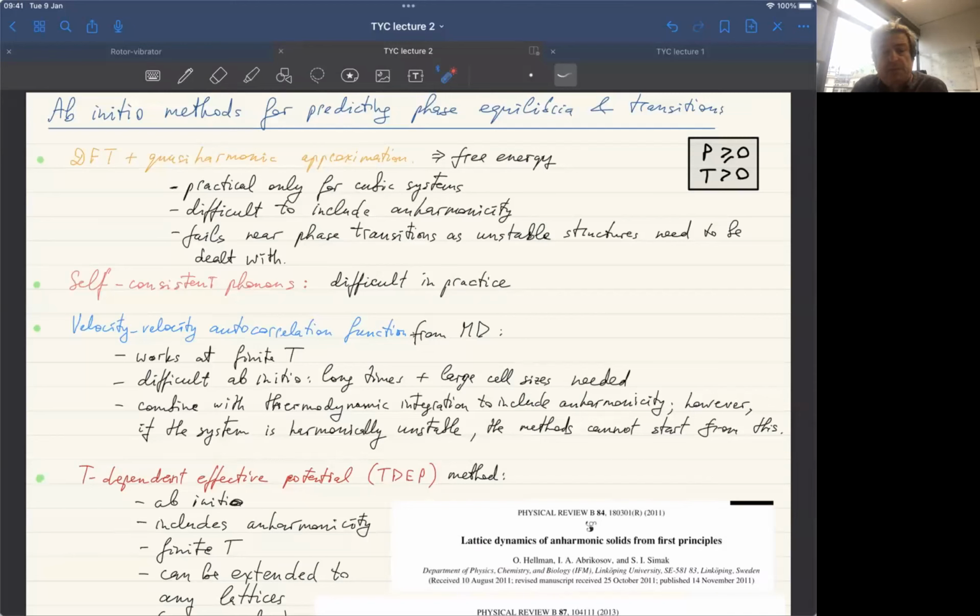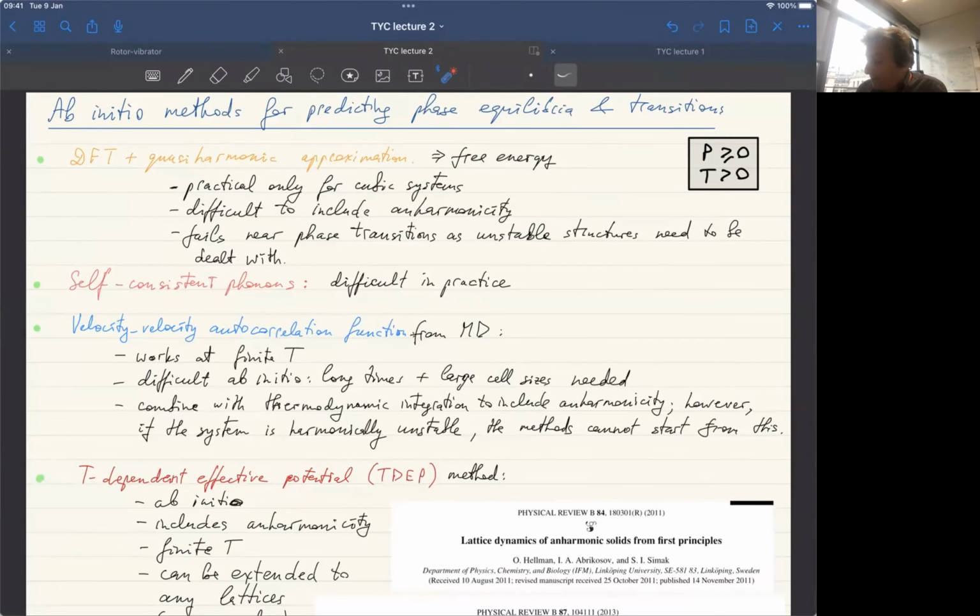It's difficult in this method, possible but difficult, to include anharmonicity, and it fails near phase transitions, and also in some other cases when you have unstable structures for which vibrations cannot be determined. So basically, you need to know what the structure is beforehand to determine vibrations there. That information may not be available.